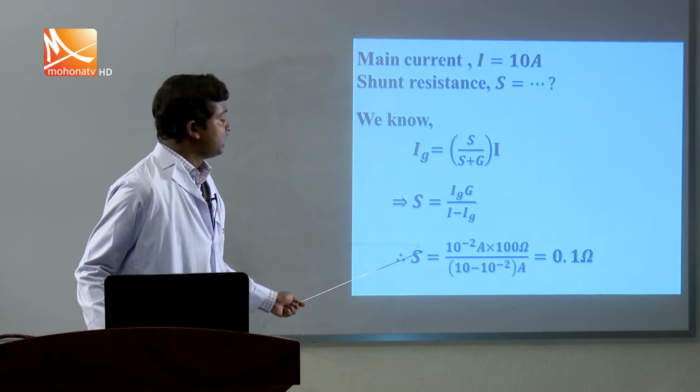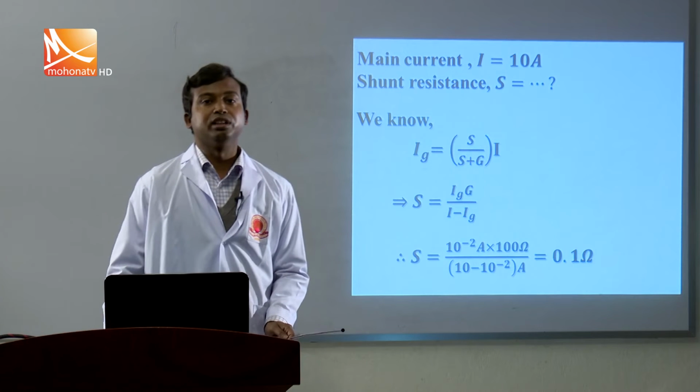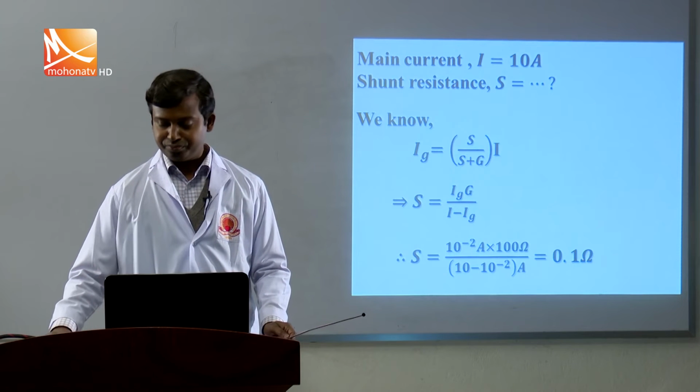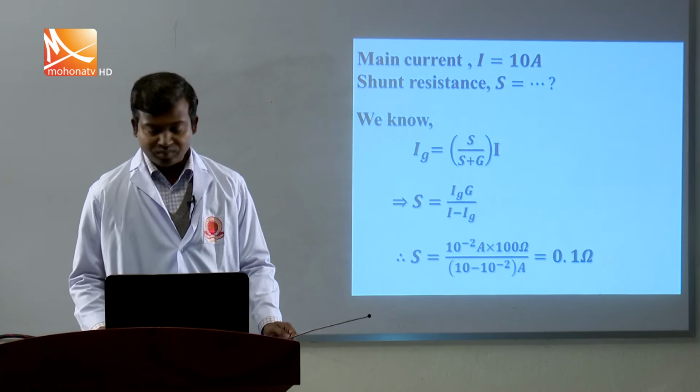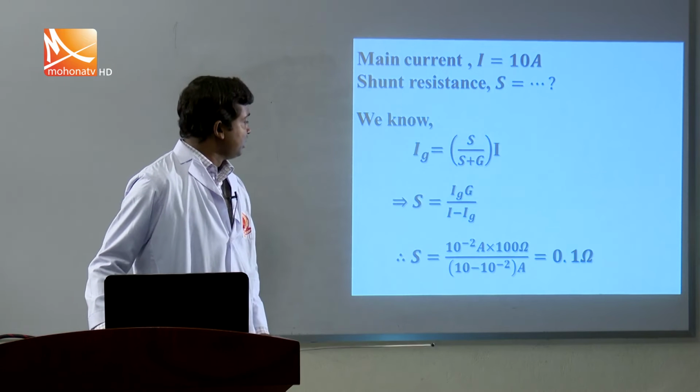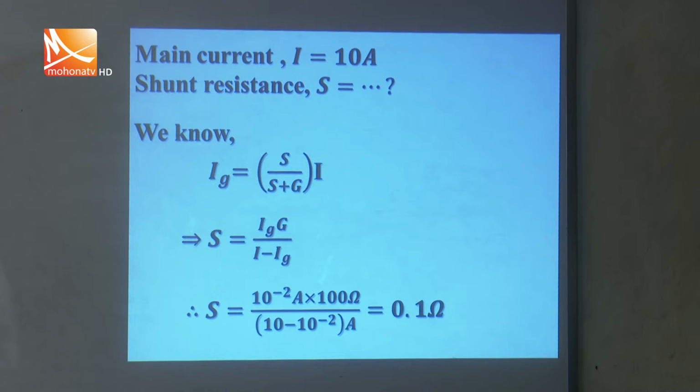So this is the shunt resistance, or the value of the shunt. My dear student, I have solved a simple mathematical problem related to galvanometer current, through which we have learned how to calculate the shunt resistance.